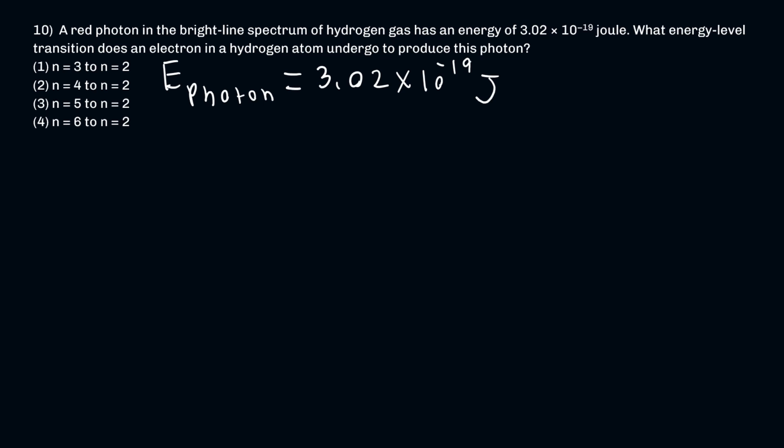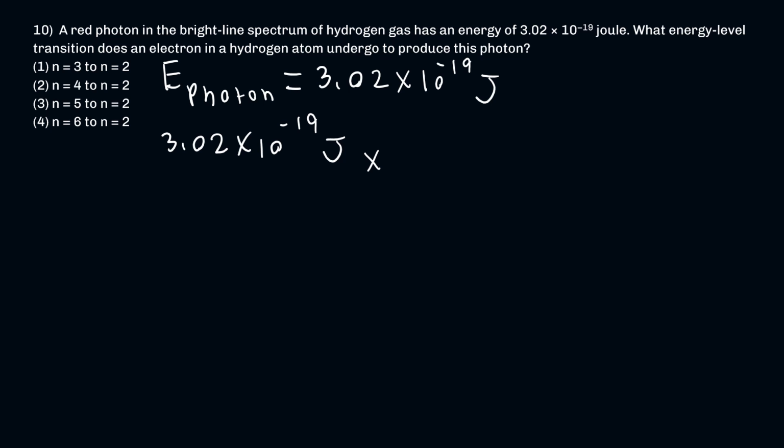So if I look on the reference table on the front page, I'm given here somewhere what 1 electron volt is in joules. So again here, I have my energy is 3.02 times 10 to the negative 19th joules times, on the front page of the reference table, I'm given that 1 electron volt is 1.6 times 10 to the negative 19th joules.